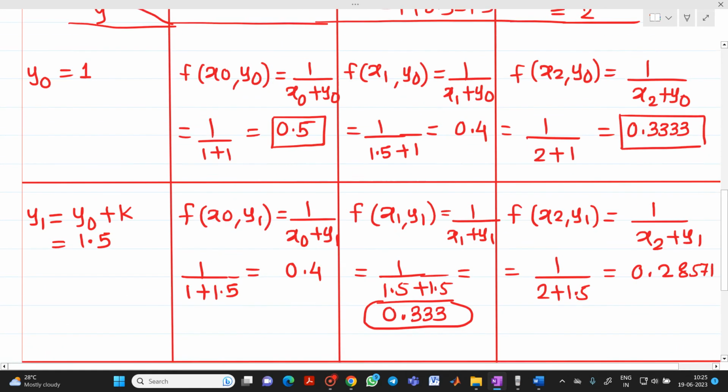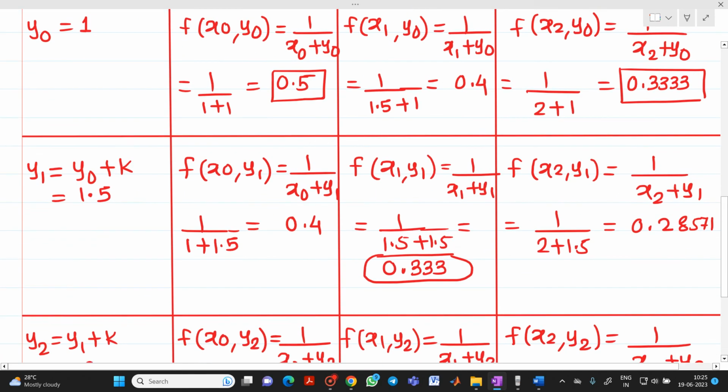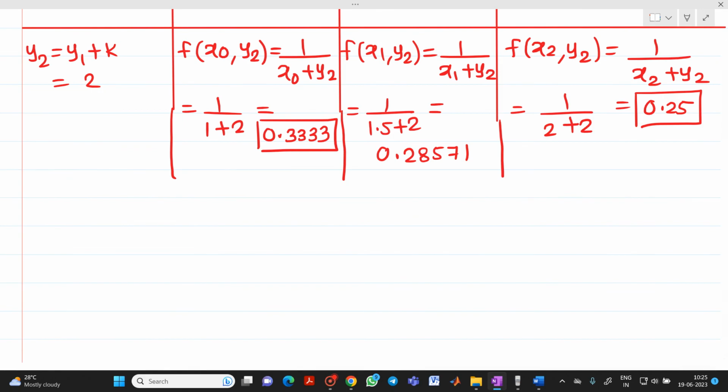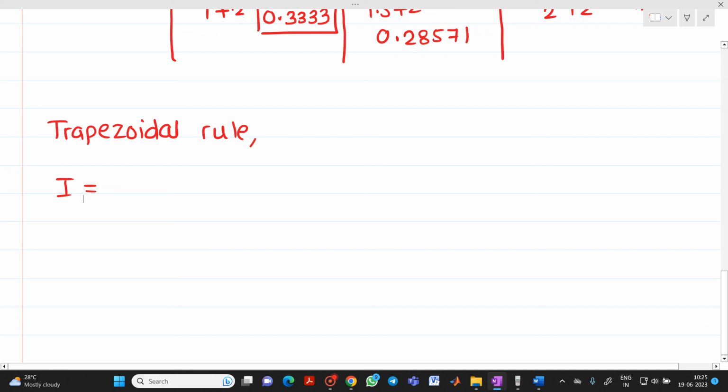So this is the table that we have prepared. And based on this table, now we have to find the integral by using the trapezoidal rule. So first we will write the formula for the trapezoidal rule. What is the formula? In the previous video we discussed this.